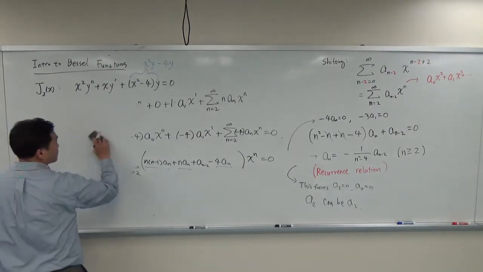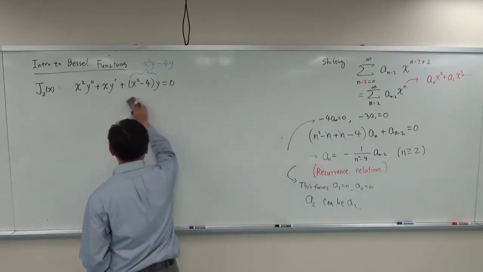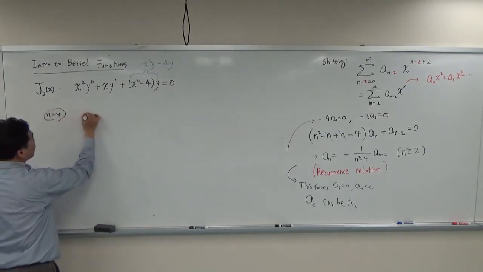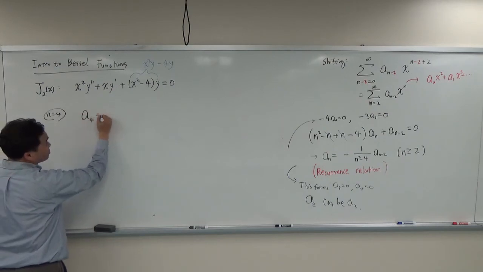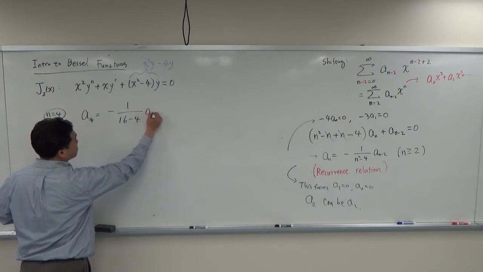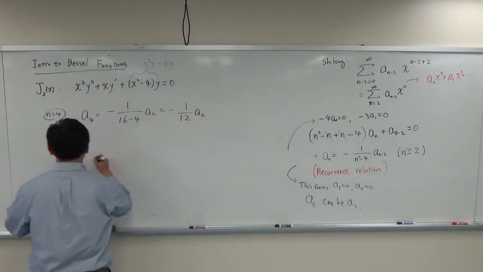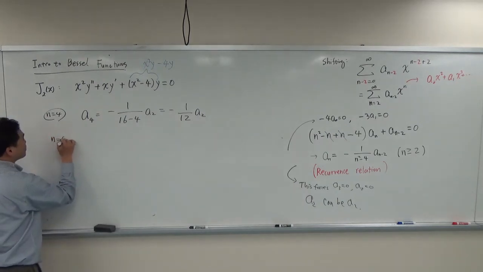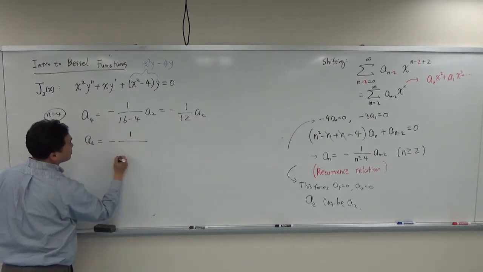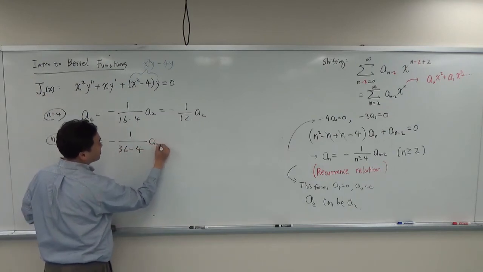We're just going to use the recurrence relation over and over again. So when n is 4, we have a4 equals negative 1 over 16 minus 4, a2, which is negative 1 over 12 a2. When n is 6, a6 is equal to negative 1 over 36 minus 4, a4.